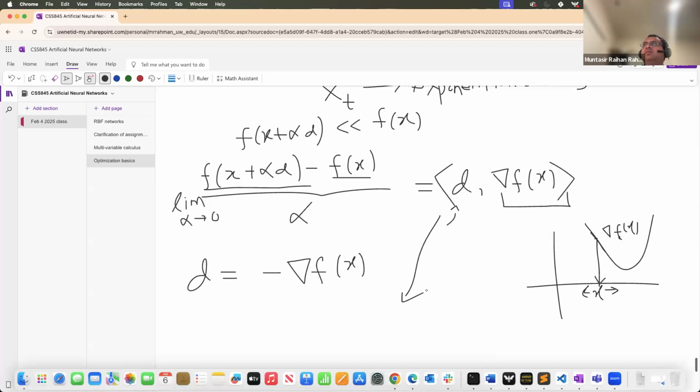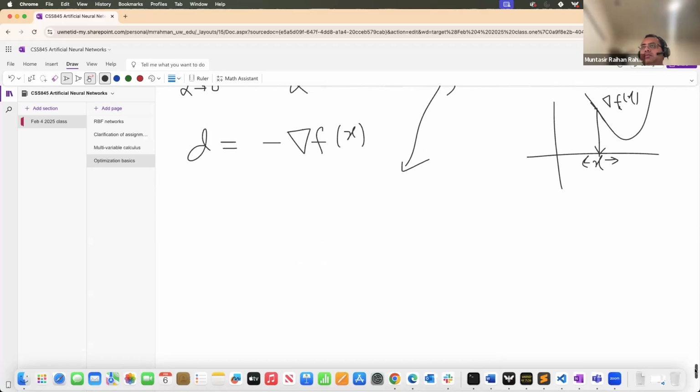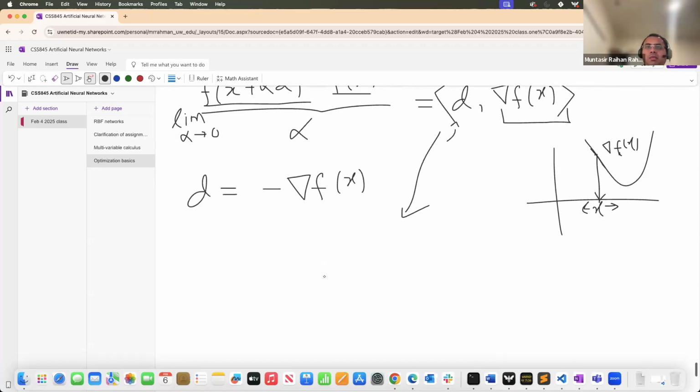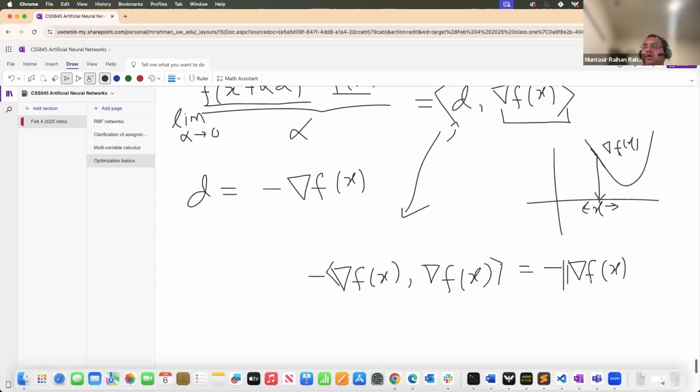Then this becomes minus the inner product of del of f of x with del of f of x, which is equal to minus the norm squared of del f of x.